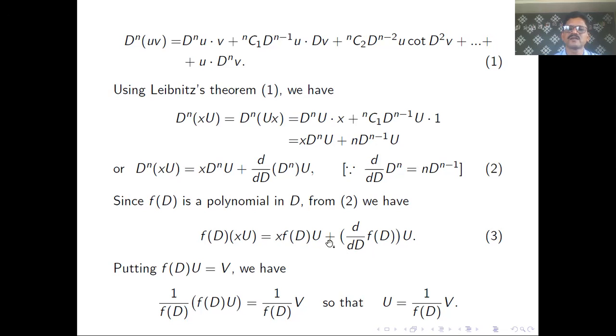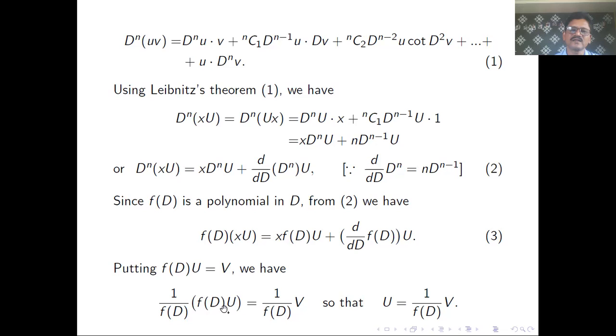After this equation number 3, you put this quantity equal to v, and then operate 1 upon f of D on this function. So you will get 1 upon f of D of this LHS is equal to 1 upon f of D of this RHS. And from this function you determine u. So u equals 1 upon f of D into v, and that is written here.